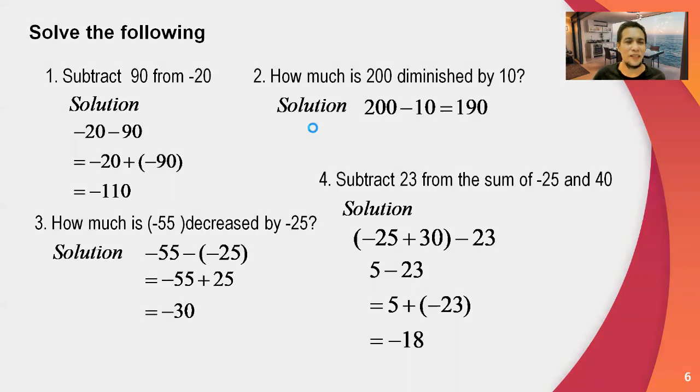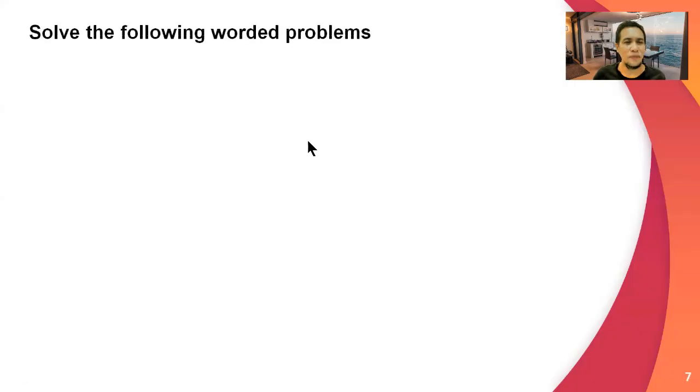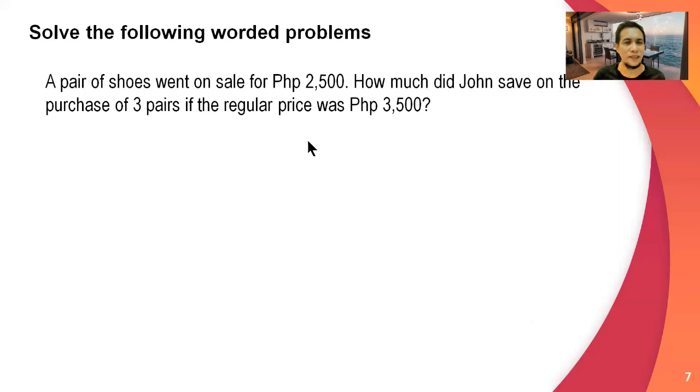Okay. Next. Solve the following worded problem. All right. A pair of shoes went on sale for 2,500 pesos. How much did John save on the purchase of 3 pairs if the regular price was 3,500? That's one pair.